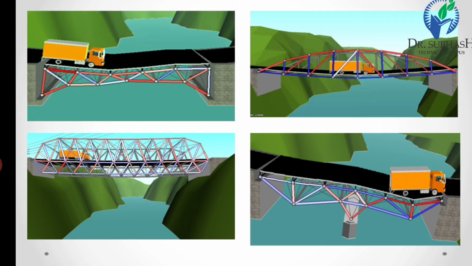At that time what will the shear force and bending moment be, and if the truck rests on the far end, what will the shear force and bending moment effect be? That's why the moving load is different, and that's why the shear force and bending moment intensity are also different. So this graphical representation done by this method is nothing but the influence line diagram.